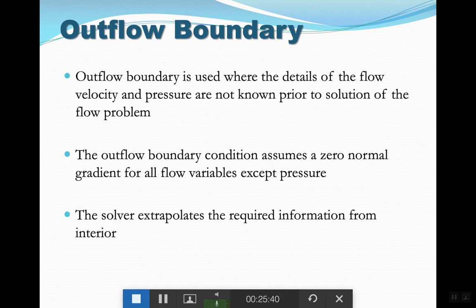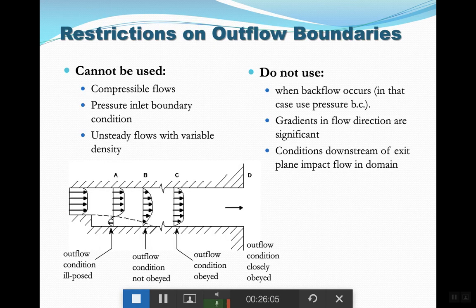Imagine the last two layers of cells at the outlet of your control volume. It will assume whatever pressure is at the inner layer is equal to whatever it is at the outer layer. So it assumes zero gradient of the pressure. This is not a very desirable boundary condition, but nonetheless, you can use it whenever you don't have information about the outside.